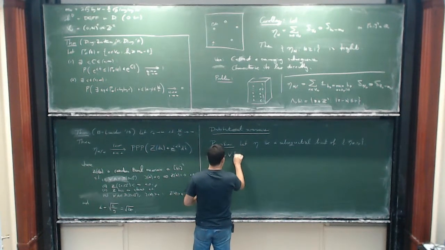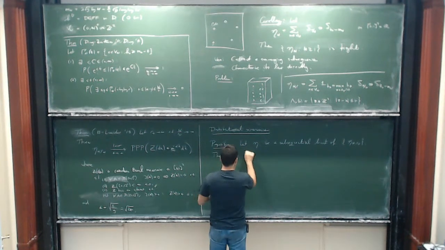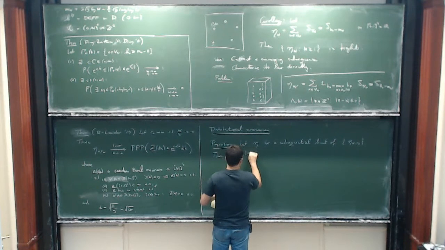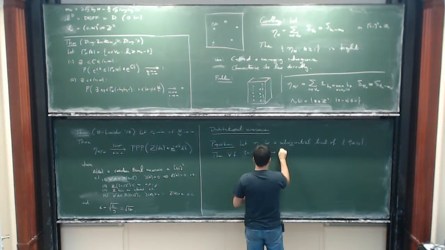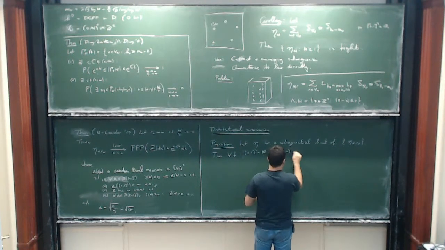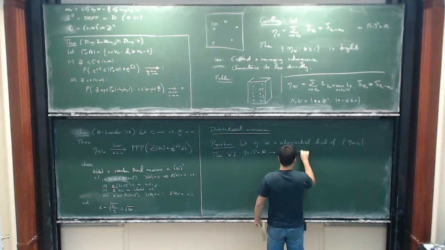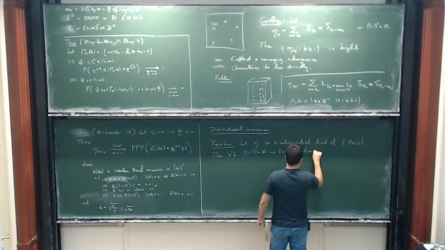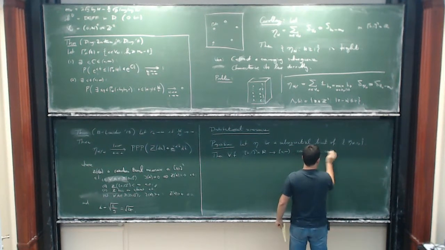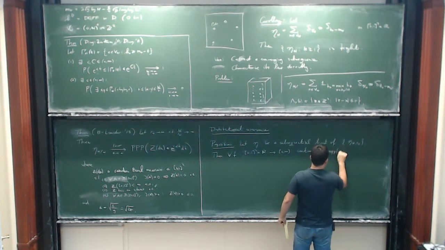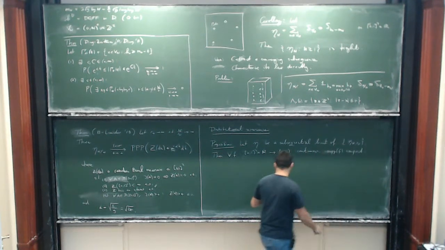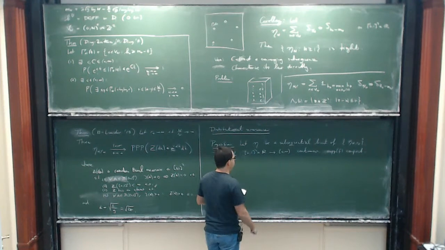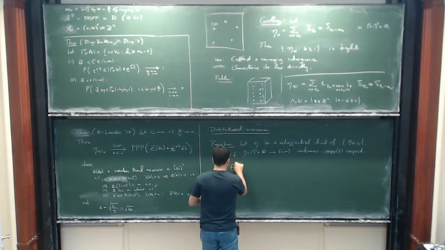Then for every f, from the square to the positive reals with continuous compact support, those are the functions that I'm allowed to test my eta process on.